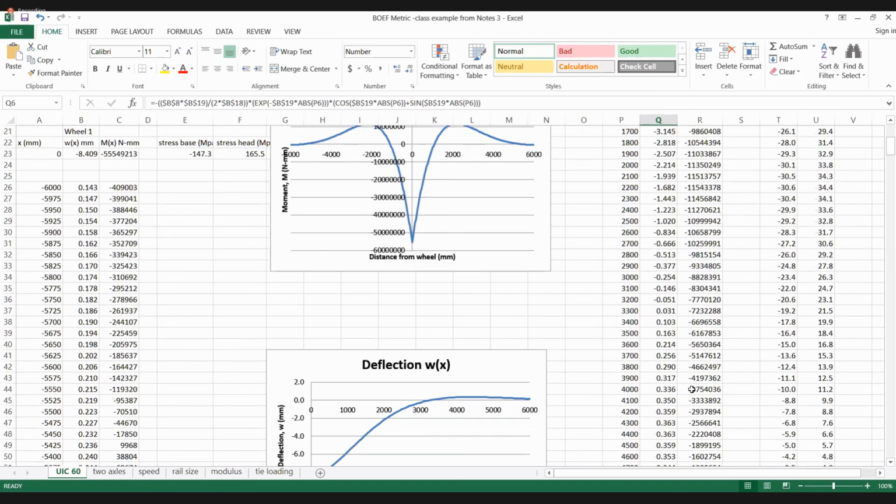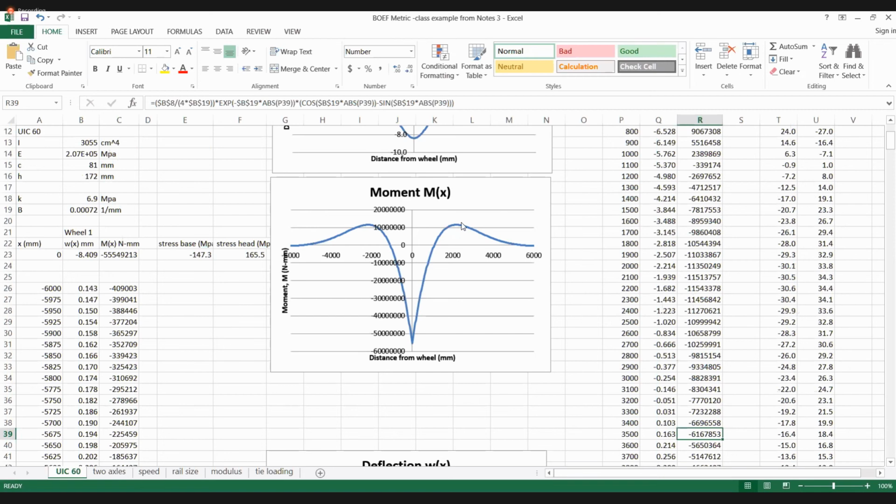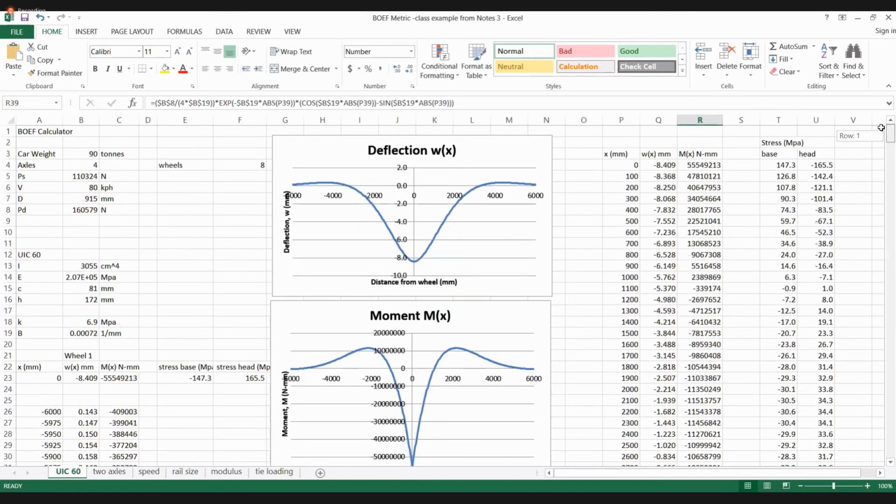Down here, it's actually closer to about 3,800. Actually, it's right over here. So the maximum deflection you can see is, okay, so sorry, well, let's go back here. You can see the maximum deflection is actually closer to about 3.5.